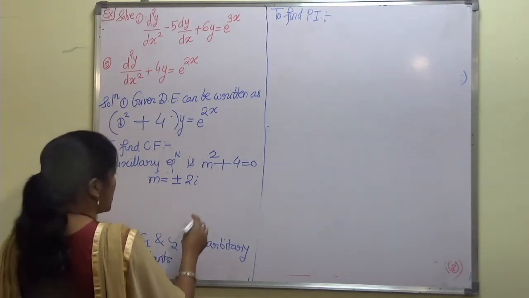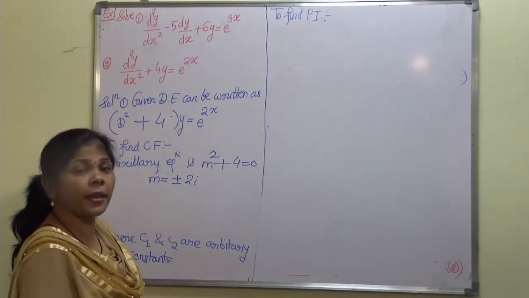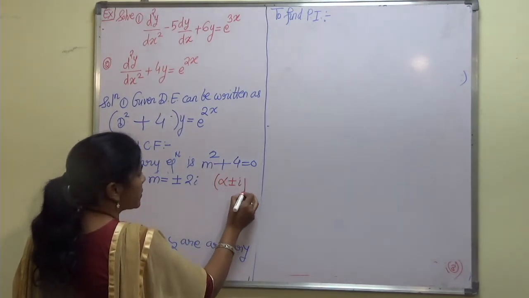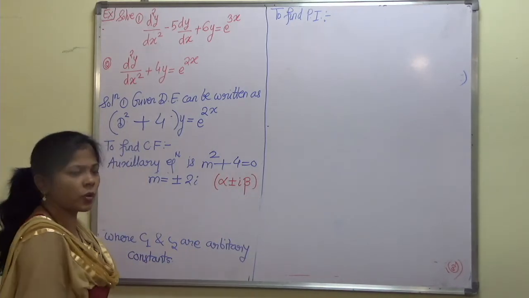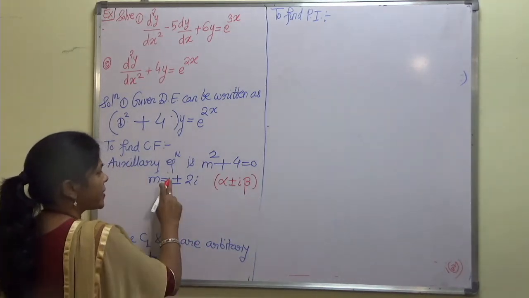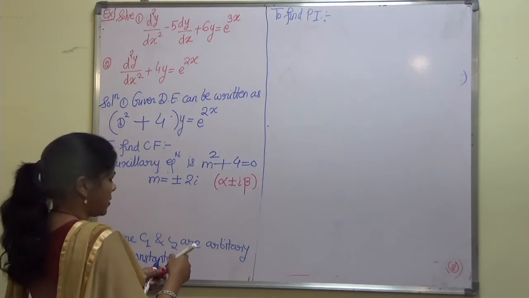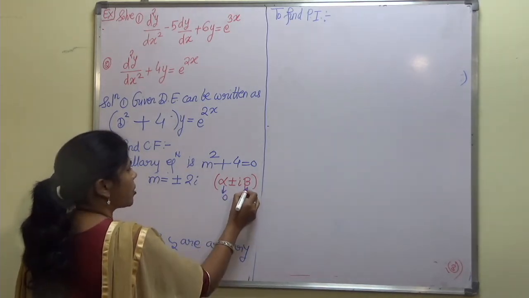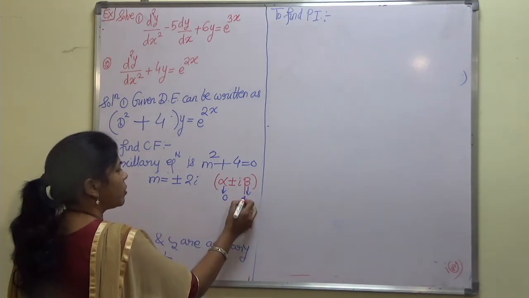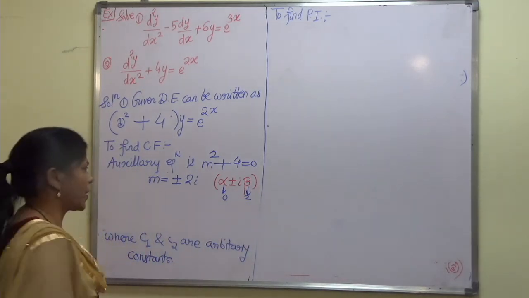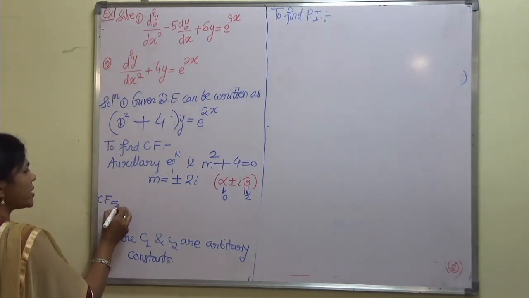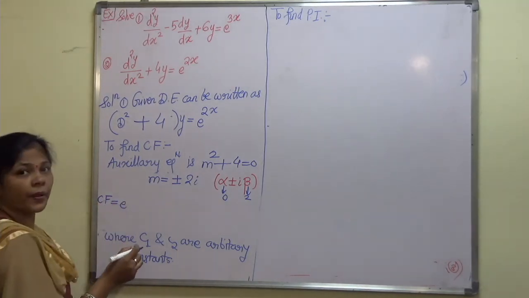So see, the standard form of complex roots is alpha plus minus i beta. Isn't it? So what is alpha here? Alpha is 0, right? And what will be beta? Beta will be 2. Okay. Now, what is the structure of writing the complementary function? That is equal to e raised to power alpha x.